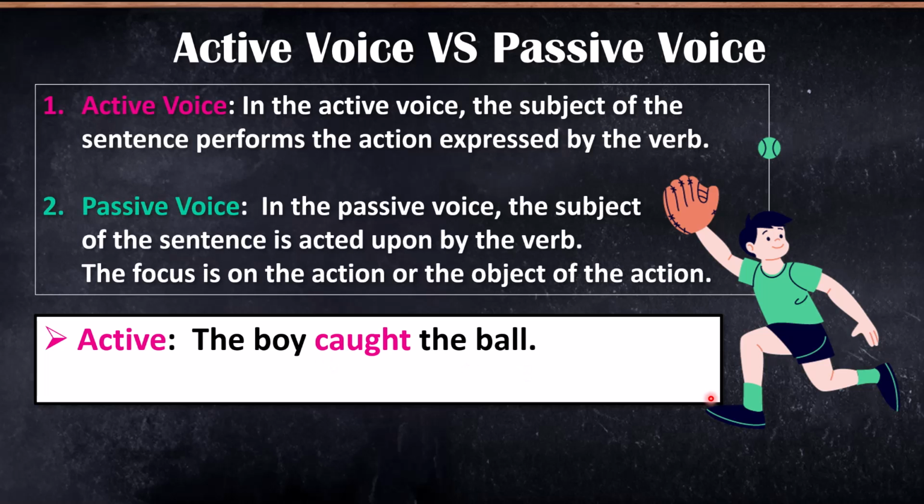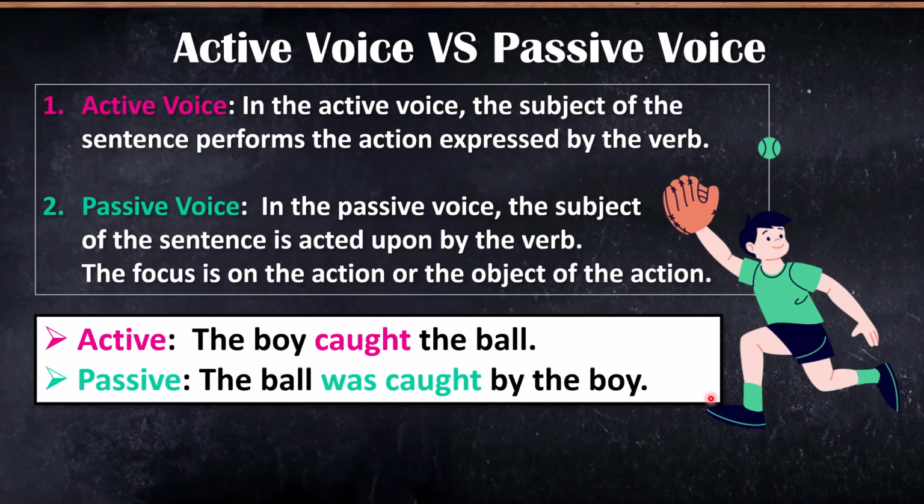In the passive voice, the subject of the sentence is acted upon by the verb, and the focus is on the action or the object of the action, and not on the subject. For example, the ball was caught by the boy. In the active sentence, the focus is on the boy, and in the passive sentence, the focus is on the ball and on the action.